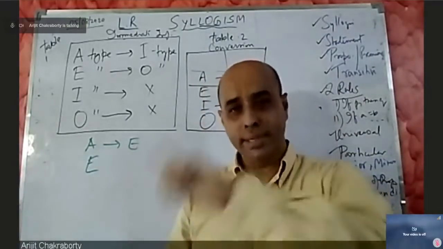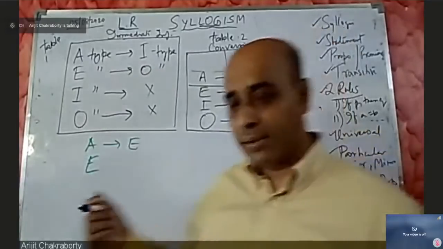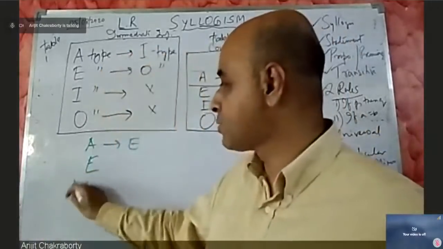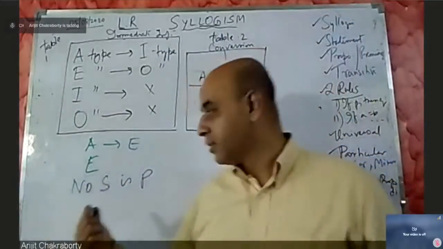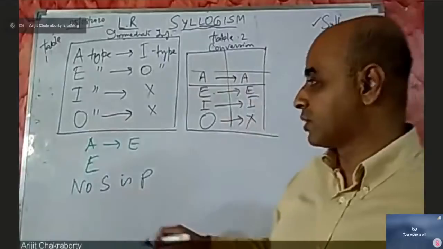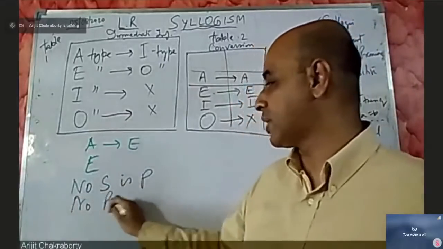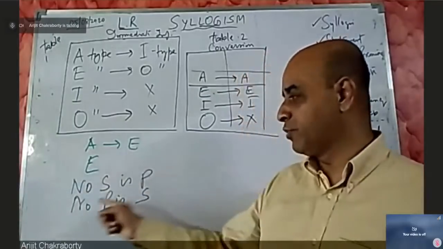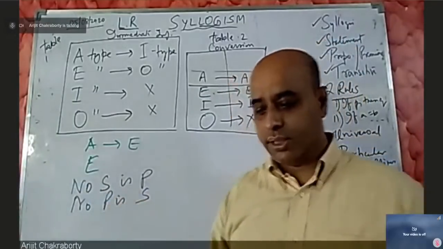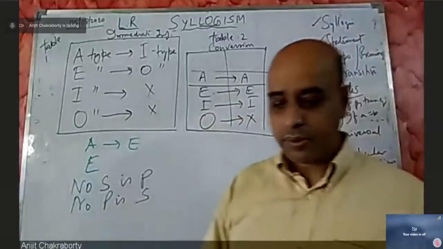So like this, if I write no S is P, after E to E conversion, it can be no P is S. No S is P will become no P is S. So this is E type.